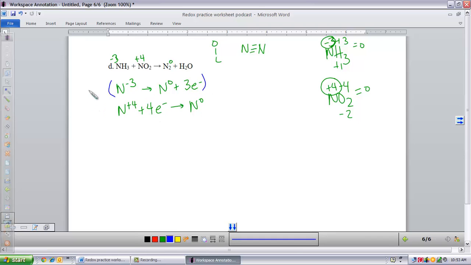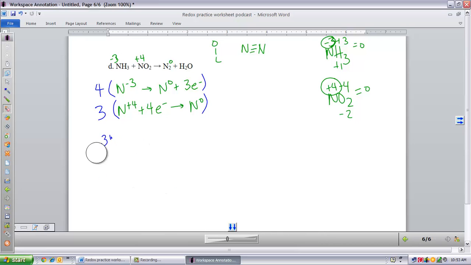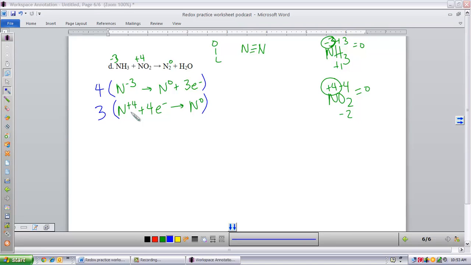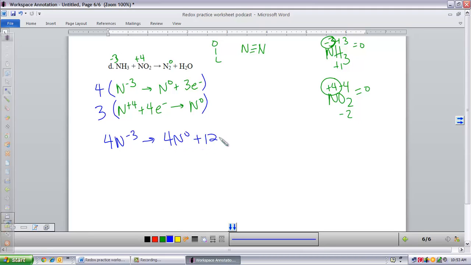Now we just need to balance the reaction. We have 3 electrons here and 4 there. They don't balance, so our least common multiple is 12. It just so happens that's the other number. So we can rewrite this, and then we can rewrite this one.